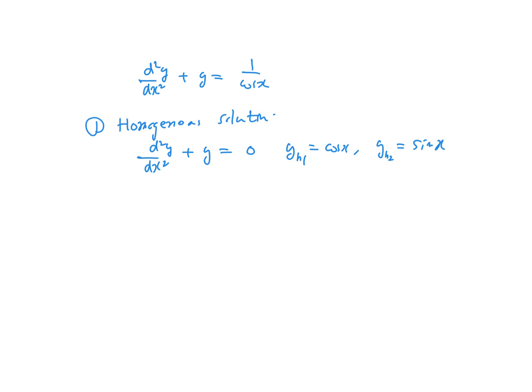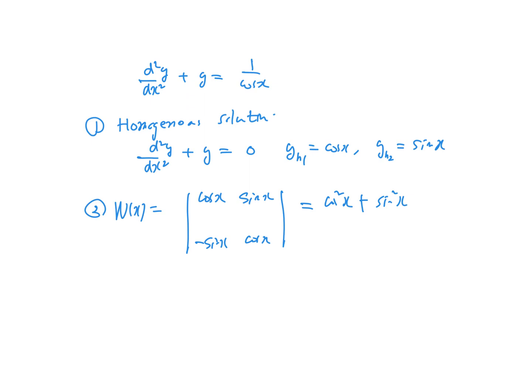So let's try to find the Wronskian first. Cosine x, sine x, minus sine x, cosine x. Wow. That is cosine square x plus sine square x is equal to 1. Good news, Wronskian is 1. Also, px is 1 too, right?